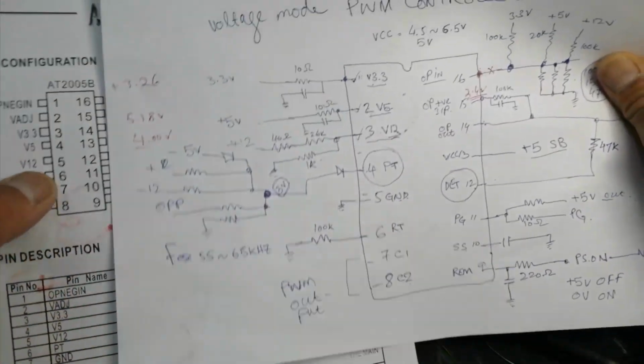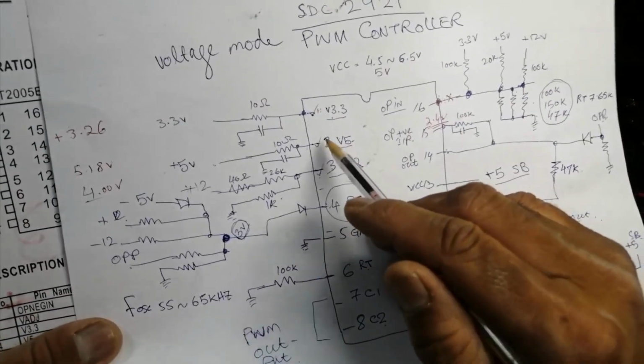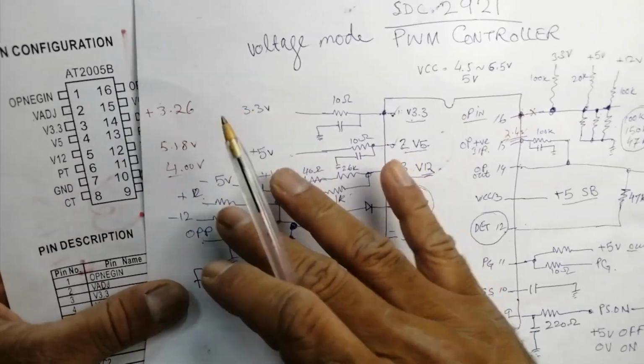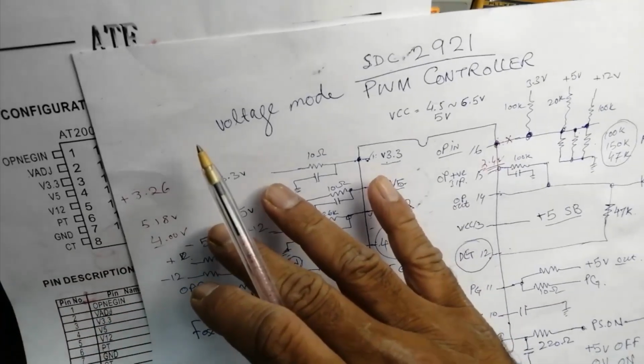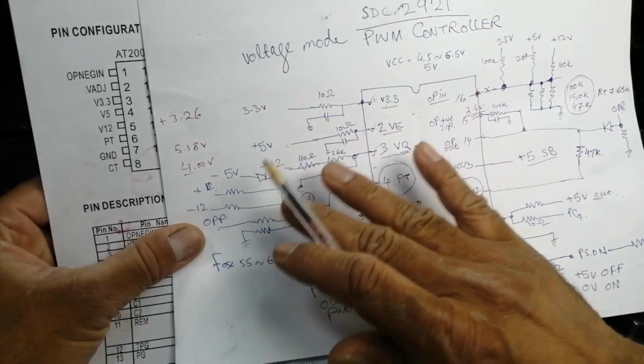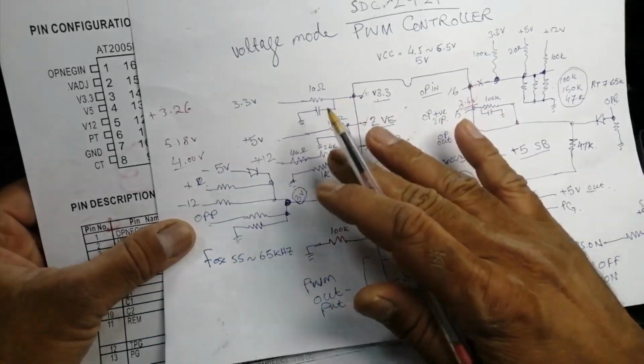Here we have 3, 4, 5. So the function will remain the same, only the pin configuration will change. So if we know the function, we can troubleshoot any power supply. We must know the function of these pins.